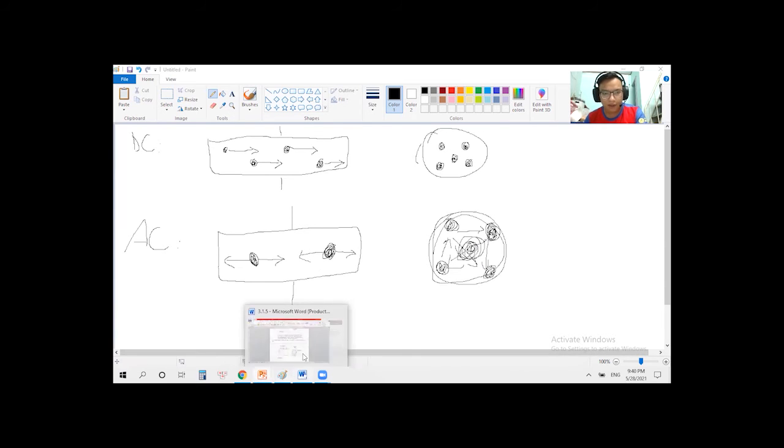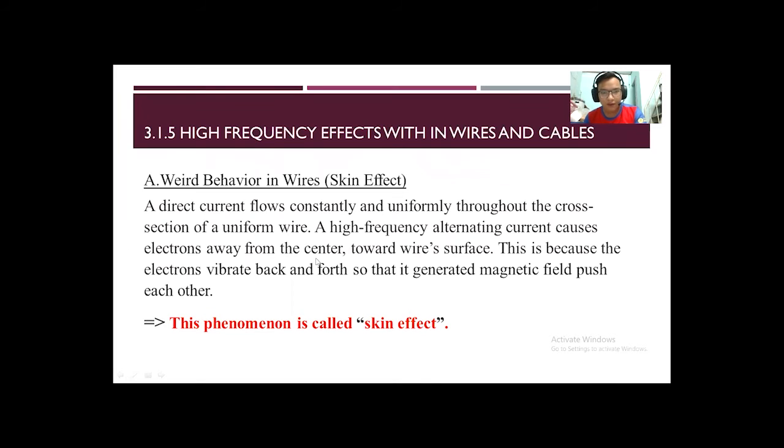So this phenomenon is called the skin effect. You can see it generates magnetic fields that push each other.